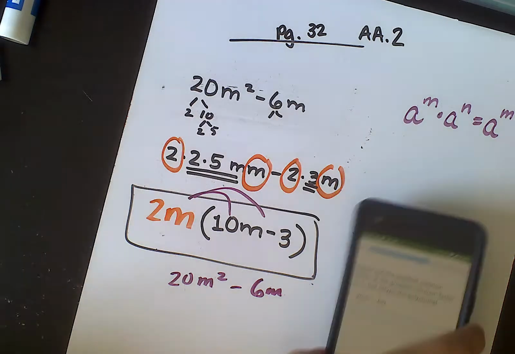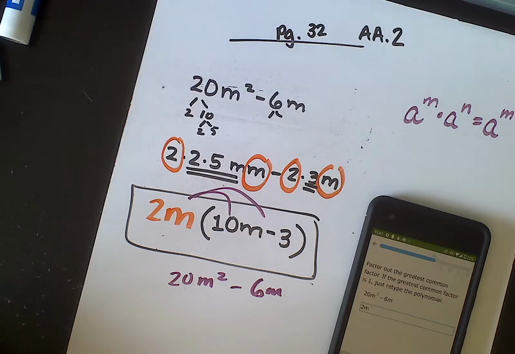Okay. 2m times 10m minus 3. Oops, I left off my m. There we go. So 2m times 10m minus 3, okay. All right, let's keep going then. Didn't see anything different.